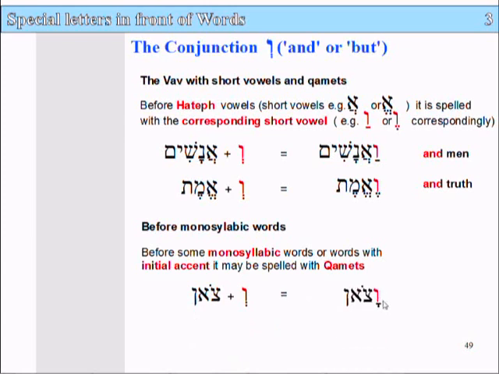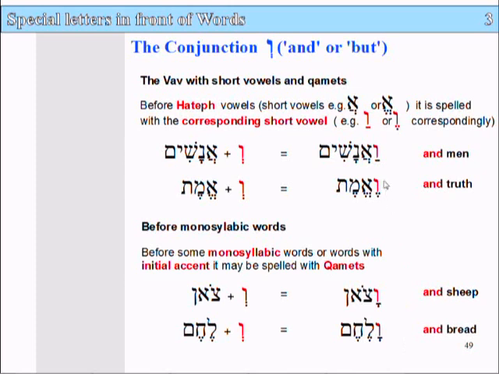It becomes va-tzon. Tzon means sheep, and va-tzon means and sheep. Also the word lechem, which means bread, we add the vav to it, and we get va-lechem, and bread.